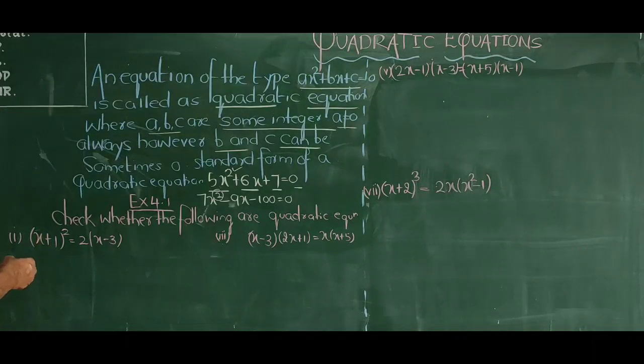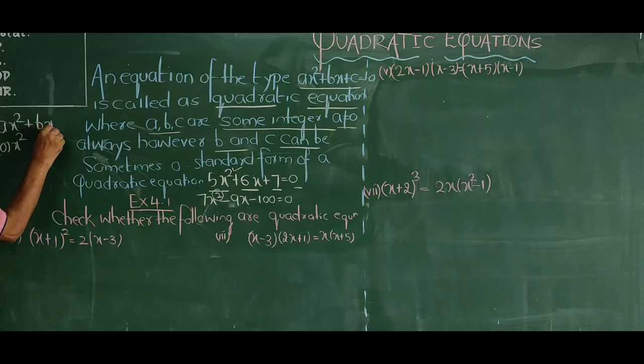Now, suppose a is equal to 0, then what will happen? The standard form of a quadratic equation is ax square plus bx plus c equal to 0. Suppose a becomes 0, then the equation will become bx plus c equal to 0.